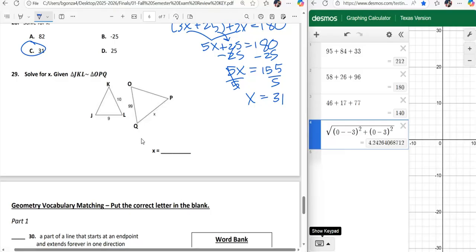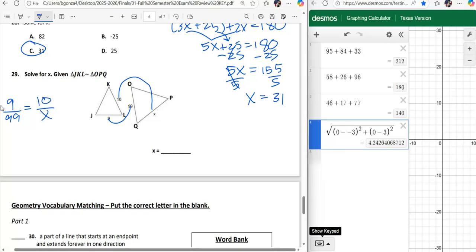29. Okay. We know they're similar. So JL, 1 and 3, matches OQ. So those are corresponding. Second and third, those are corresponding. So we're going to go left to right as a fraction. 9 over 99. Those are corresponding. Equals, left to right, 10 over x.